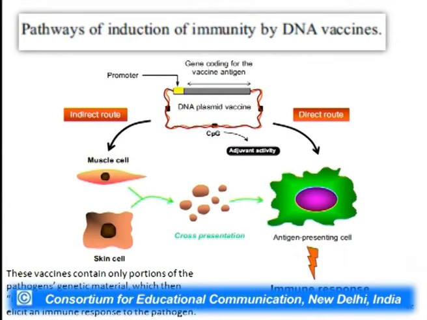Then finally there are two routes: it is put into a muscle cell or a skin cell by using a gene gun, or by an intramuscular or subcutaneous injection, and then it is cross presented, or directly put through an antigen presenting cell. These vaccines contain only the portion of the pathogen genetic material which then instructs the human cells to make proteins that lead to an immune response to that particular pathogen.